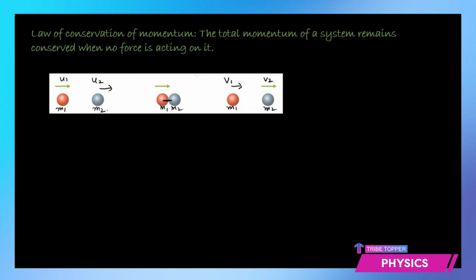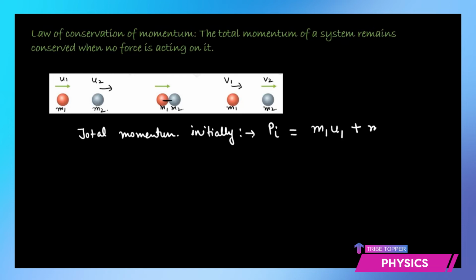What will be the total momentum of this system initially? I'll write it as Pi, because we know P is used to denote momentum, which is mass into velocity. So Pi is m1u1, the momentum of the first ball, plus m2u2, the momentum of the second ball.